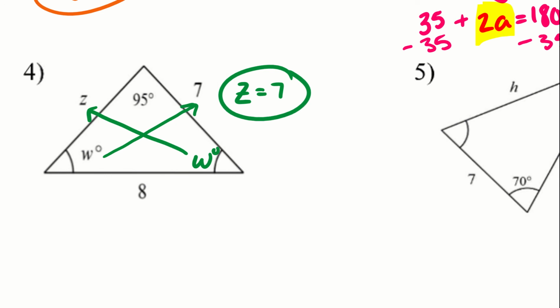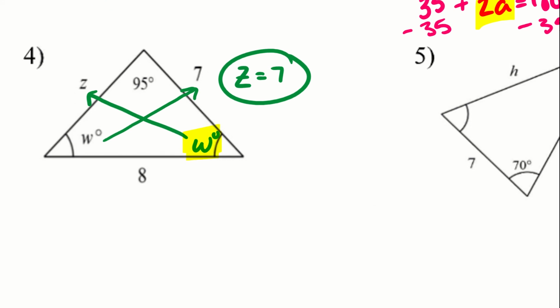So just like if we were going from the sides to the angles, it's the same way if we're going from the angles to the sides are equal. Alright, so now let's talk about the angles. So I've already brought up that over here is also w degrees because they're both the same. So in order to find w, I'm going to have 95 plus w equals 180.